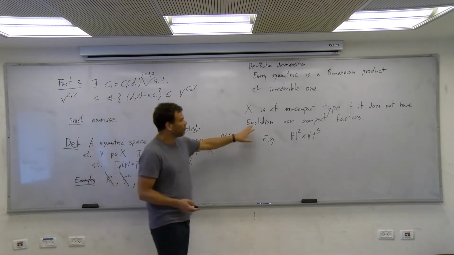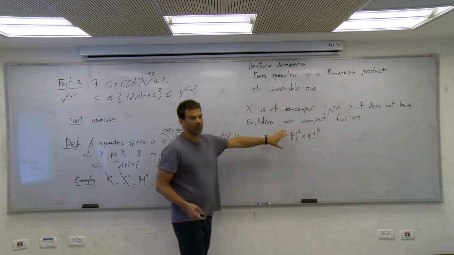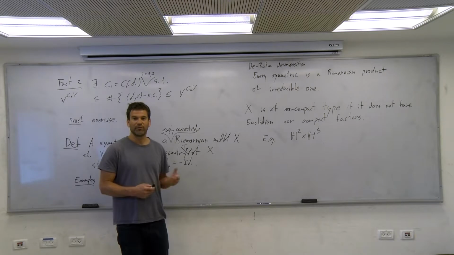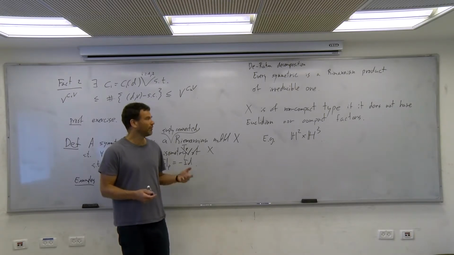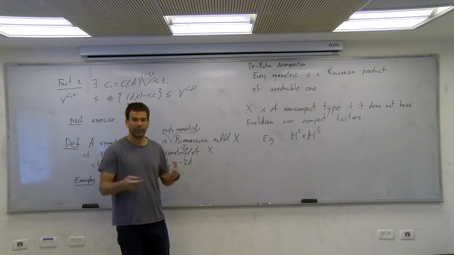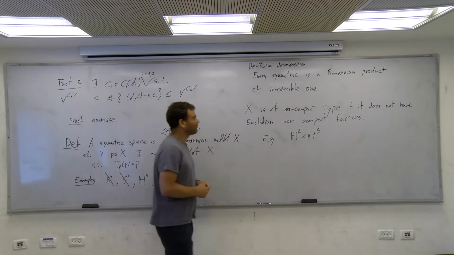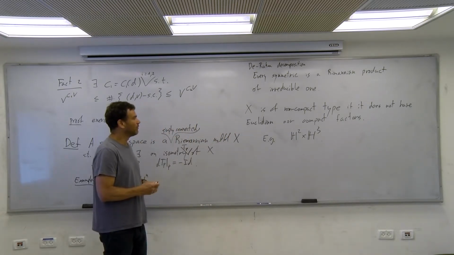The isometry group of every symmetric space is a semi-simple Lie group with no compact factor, and for every connected semi-simple Lie group with no compact factor, the identity connected component is basically the isometry group of some symmetric space. So there is a one-to-one bijection between symmetric spaces and adjoint semi-simple Lie groups with no compact factor.